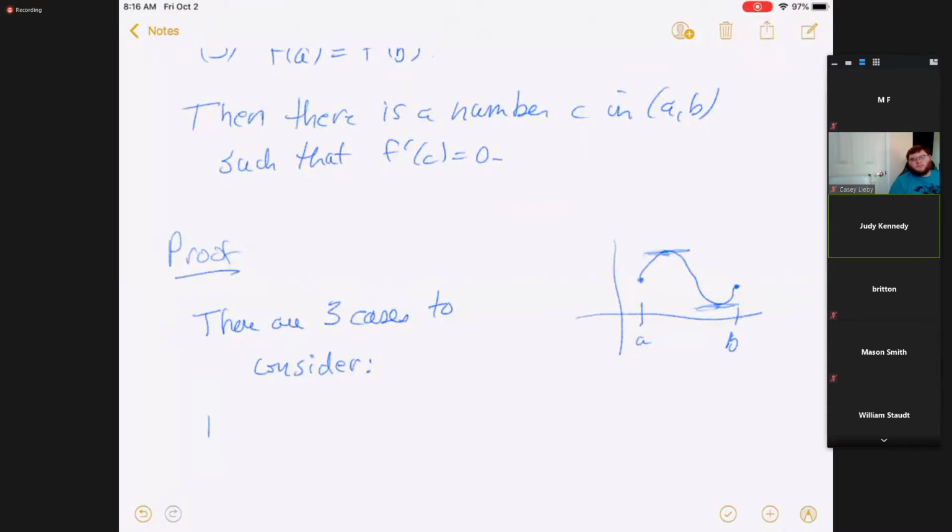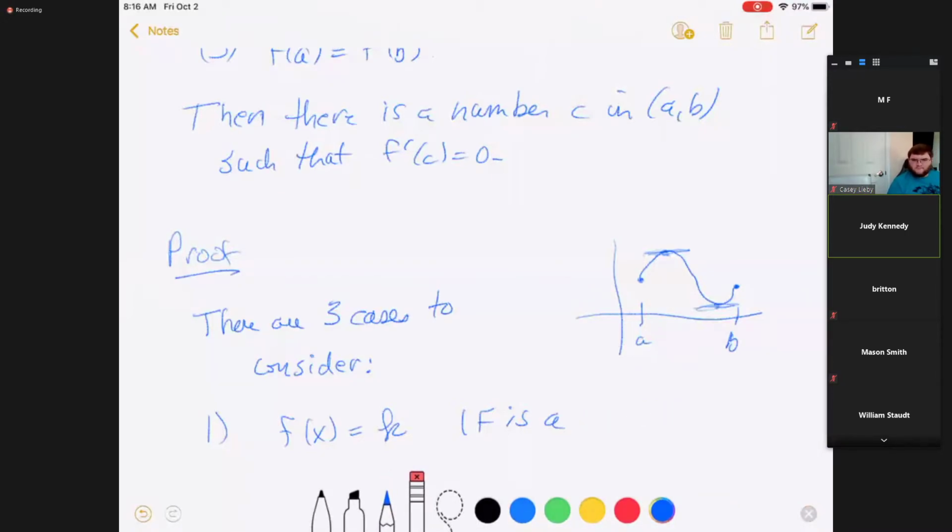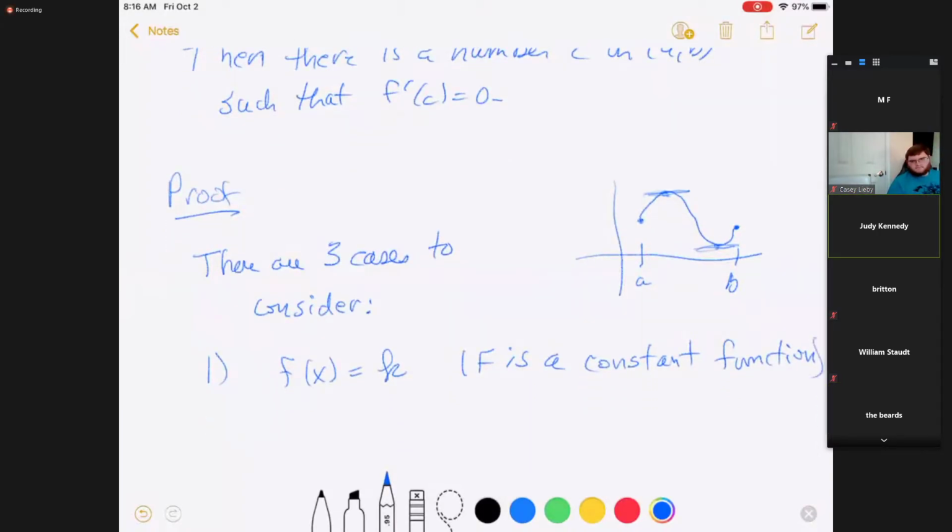In case one, the function could be a constant function. That means the graph is a horizontal line.